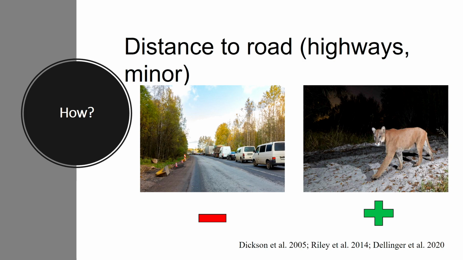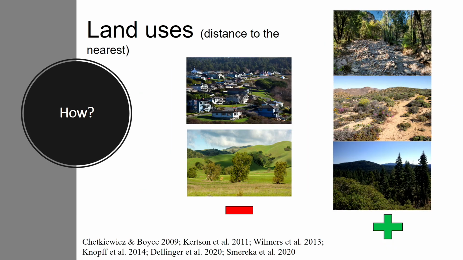Also, the distance to roads, because previous studies found that pumas avoid highways and maybe minor roads, but on the contrary, they usually use especially unpaved roads during their displacements.